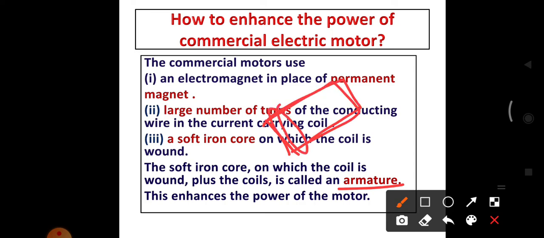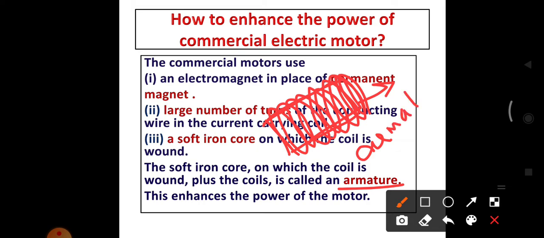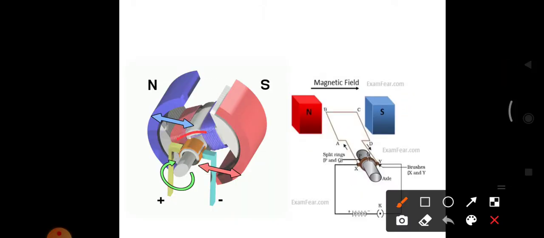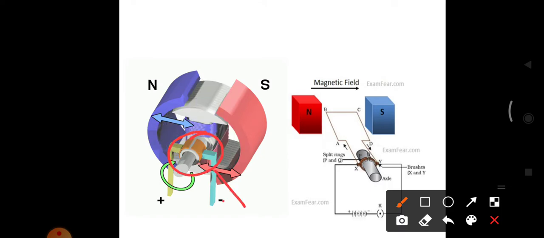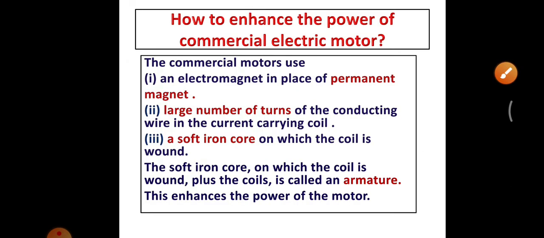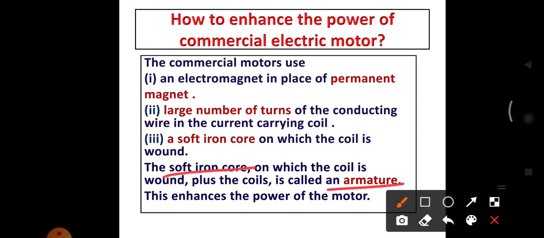In this iron we can see a large number of turns. This is called the armature. See in this image, this is the armature. Around the soft iron core the coil is wound, that is called the armature.